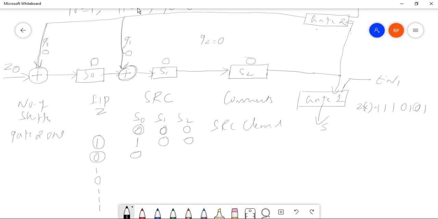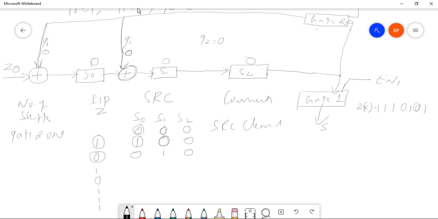The previous value of S1 is 1, and the new value which is entering is 0. So 1 plus 0 is 1, so S1 will become 1. Then the previous value of S1 is 0, and that will shift to S2, so S2 will also become 0. So the second row entry is 0 1 0. Like that.